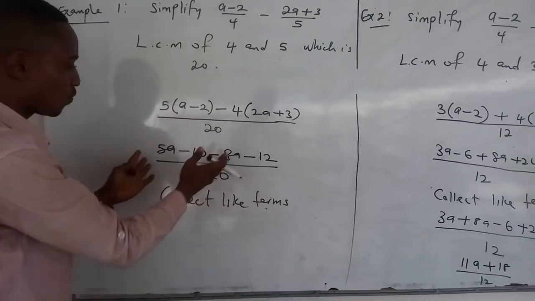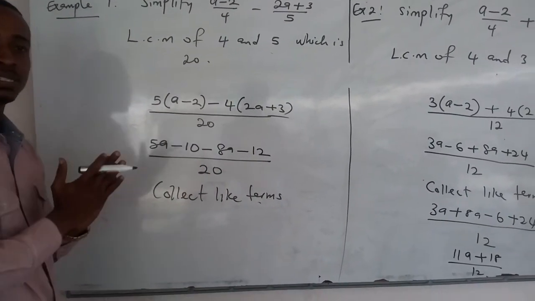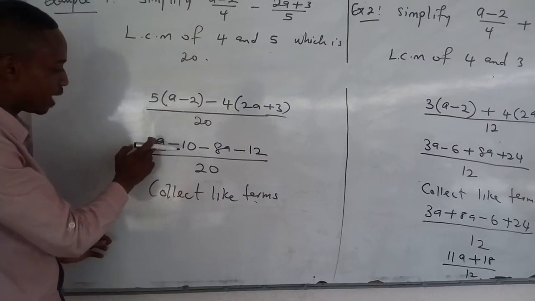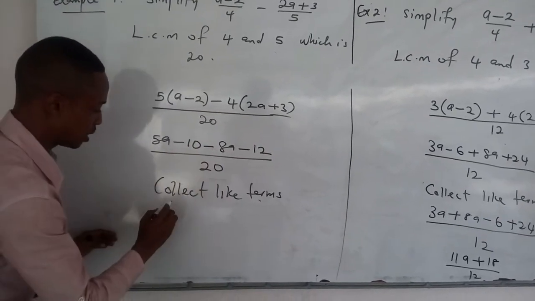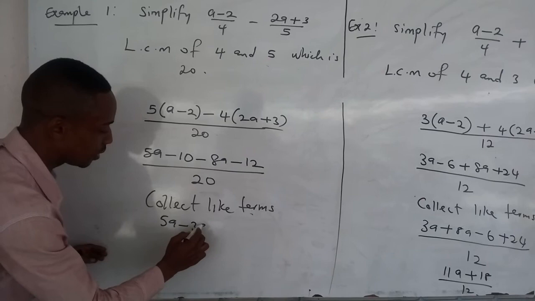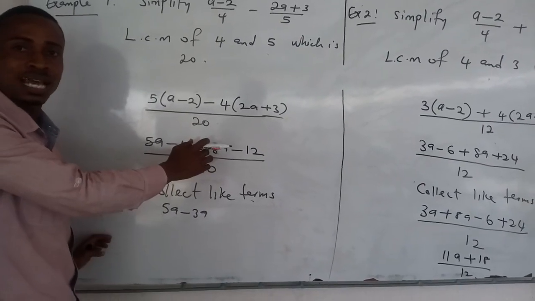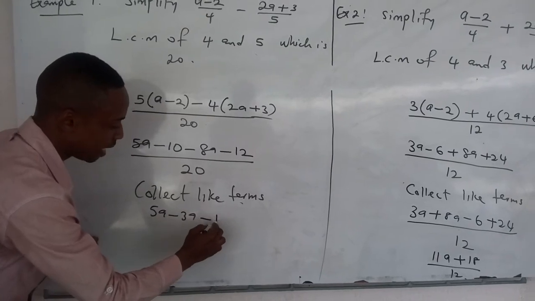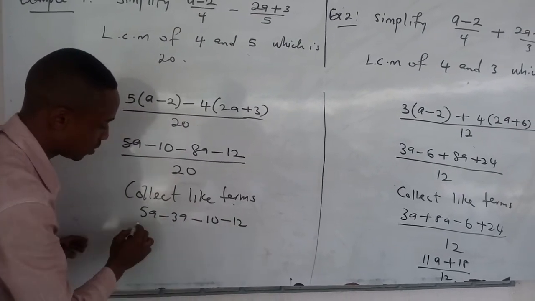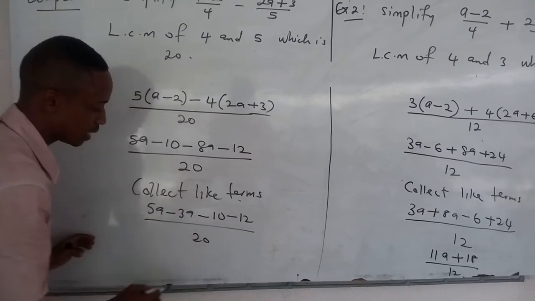Now, let's look for numbers having the same variable. You can see 5a and 8a have the same variable. Let's speak together. 5a minus 8a. We also have constant number. Minus 10 minus 12. Minus 10 minus 12 over 20.